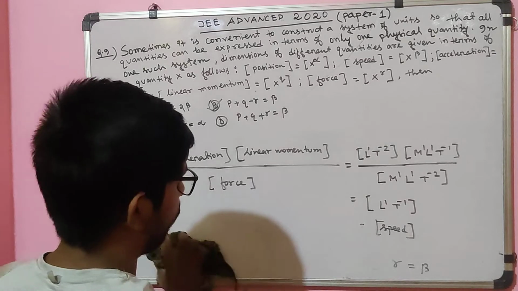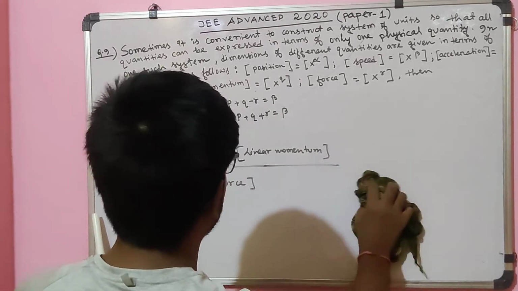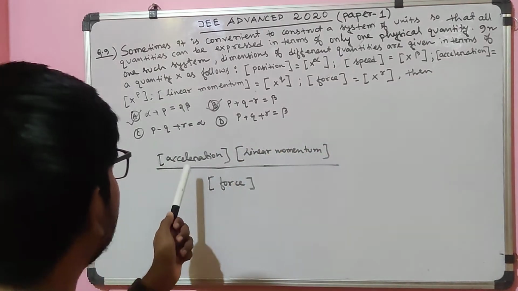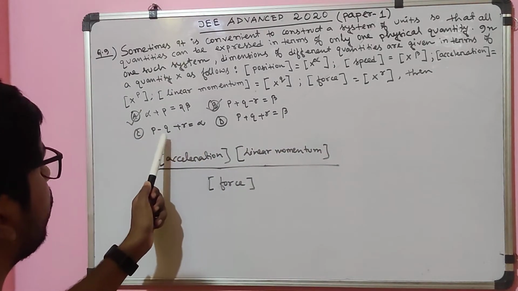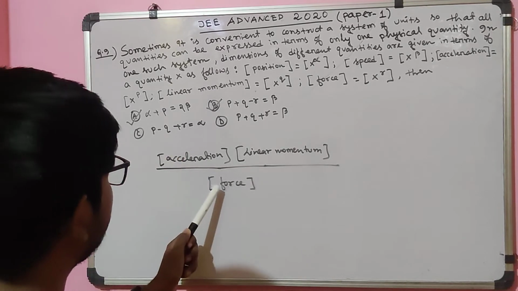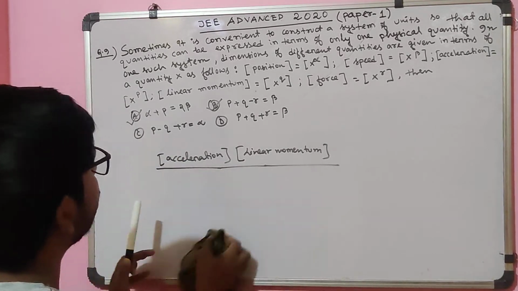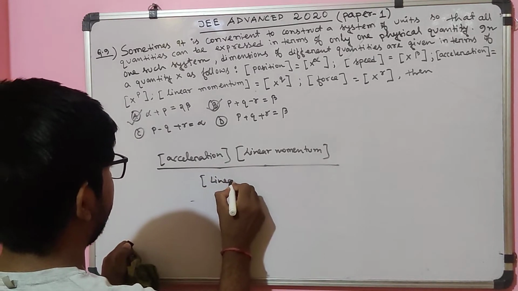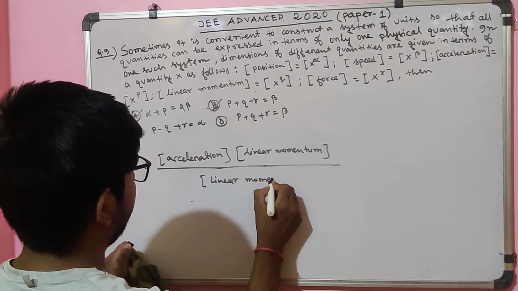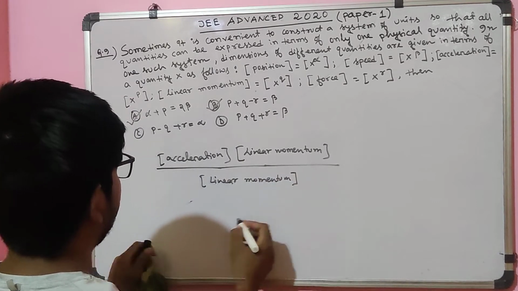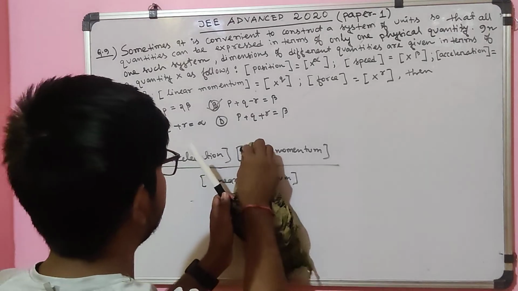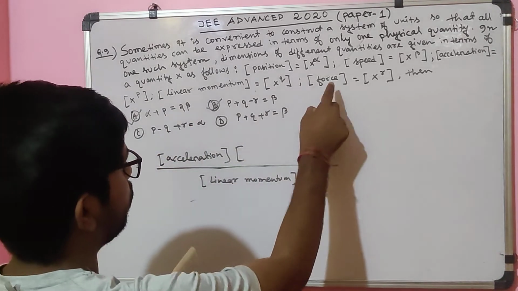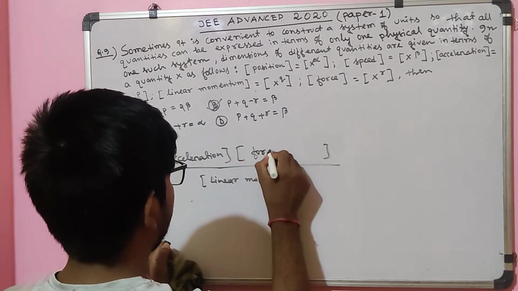So p corresponds to acceleration, q corresponds to linear momentum, with minus sign, so I will write linear momentum here, and r corresponds to force, so I will write force here.